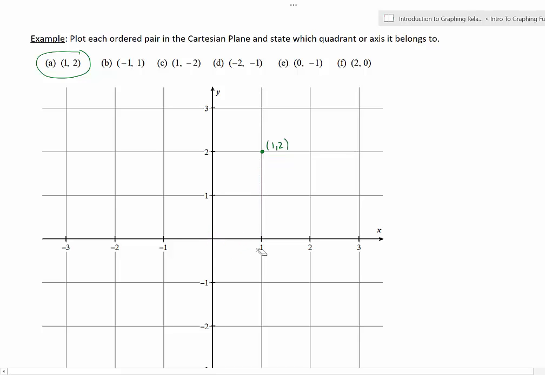And there you have it. So where is this point located? As we just described in the previous explanation, this is in quadrant 1.